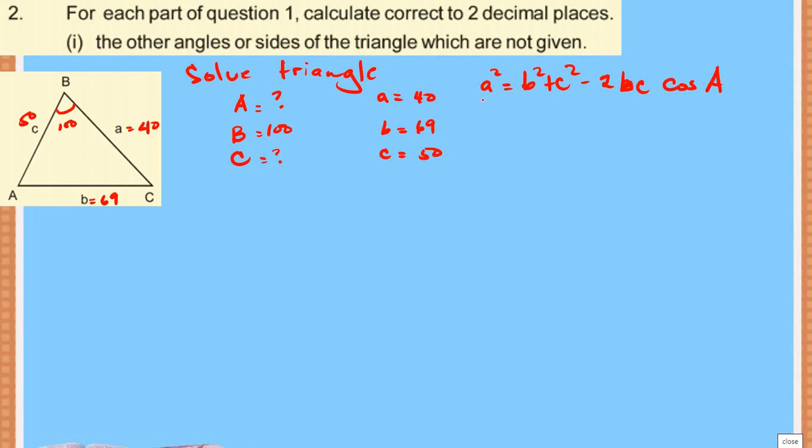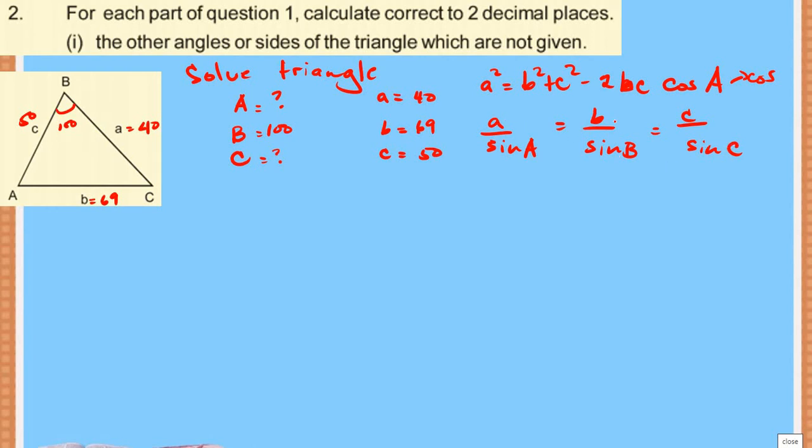Or we may also use the sine law. This is cosine law. You may also use the sine law by looking at the given here. Remember that the sine law is: A over sine A is equal to B over sine B, and that is equal to C over sine C. Why did I say that we can use this sine law?